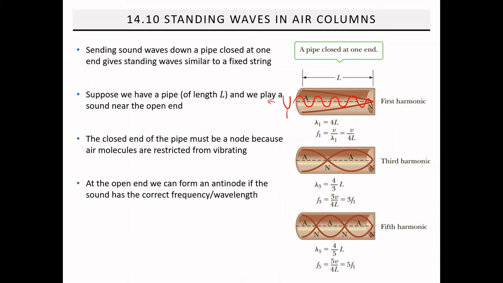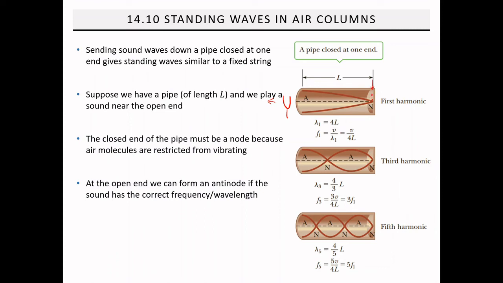Now notice here that I'm drawing the sound waves as transverse waves, but remember that we had this comparison between transverse waves and longitudinal waves. And remember that sound is a longitudinal wave. So at the right end of the tube, the molecules are prevented from vibrating.